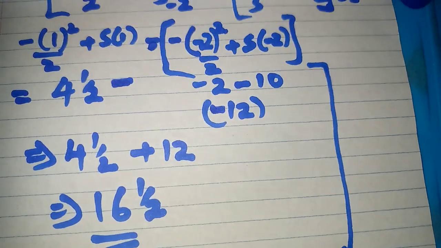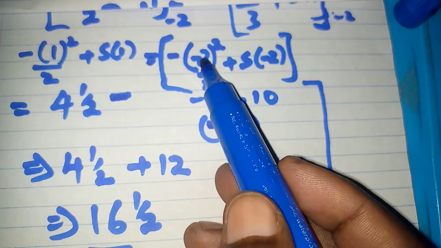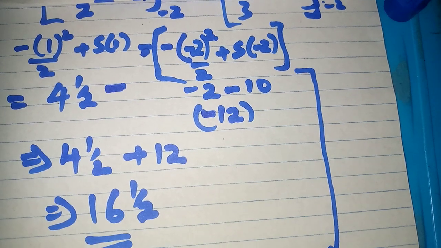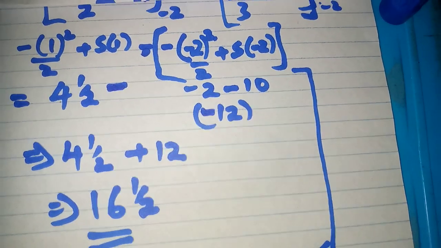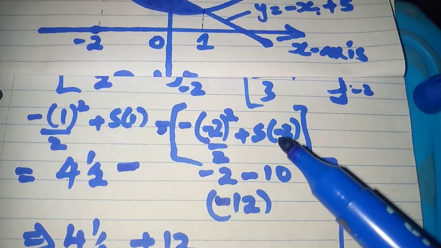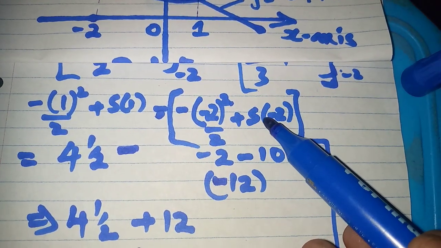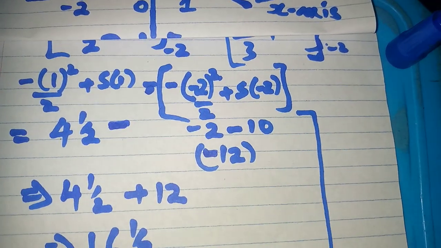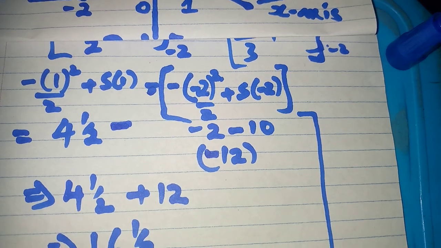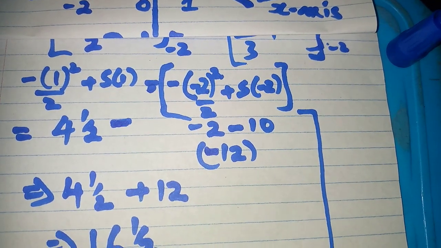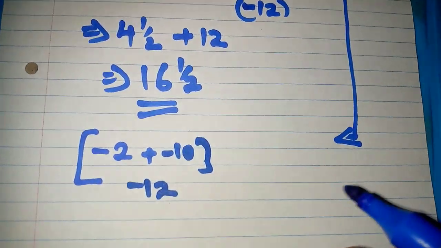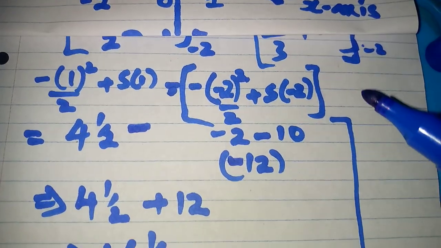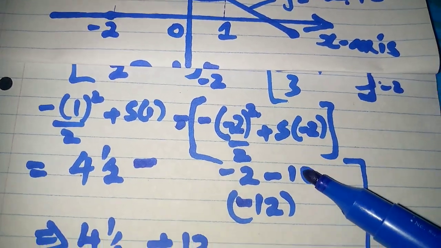It was negative 2 squared over 2, that is 4 over 2, and the negative is there, so it is negative 2, plus 5 times negative 2, which is negative 10, giving negative 12, as you can see there.